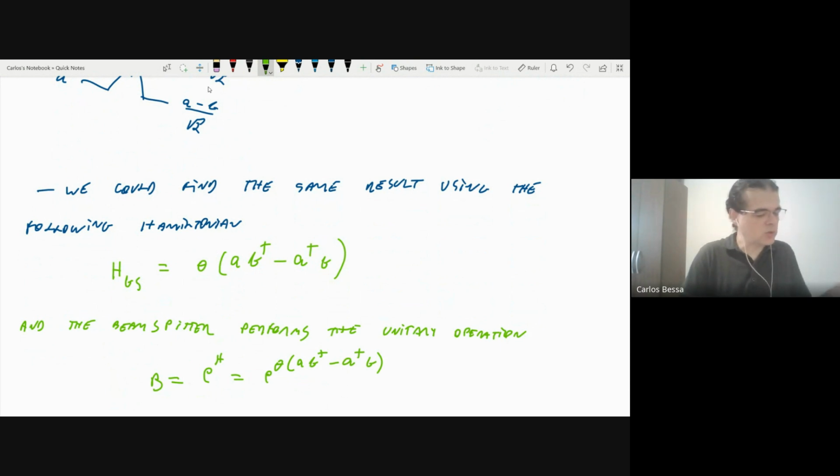Okay, and we want to see how this relates to the dual rail representation for quantum computation.